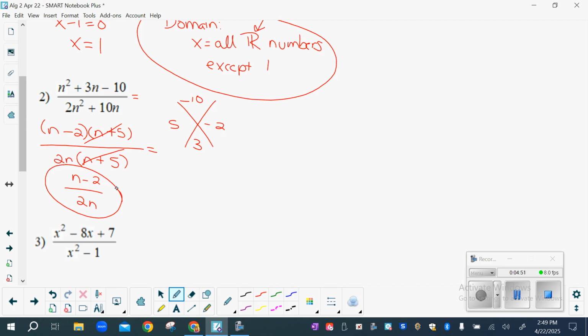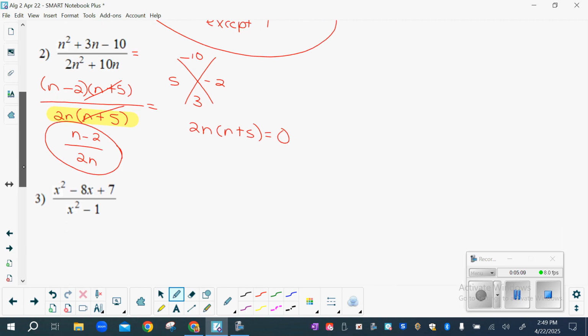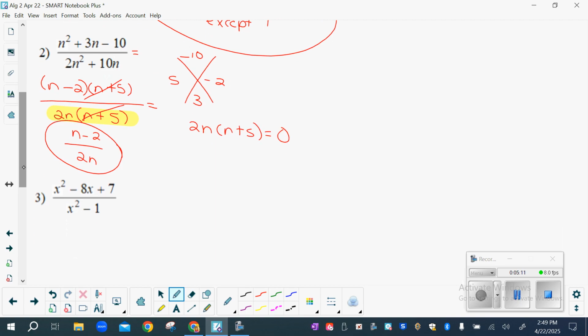So now I need to take my original denominator. I'm going to take this part here, because it's already factored here, before I canceled that denominator, and I'm going to set it equal to 0. How do I solve that? What do I do next to solve that? Multiply the 2n?